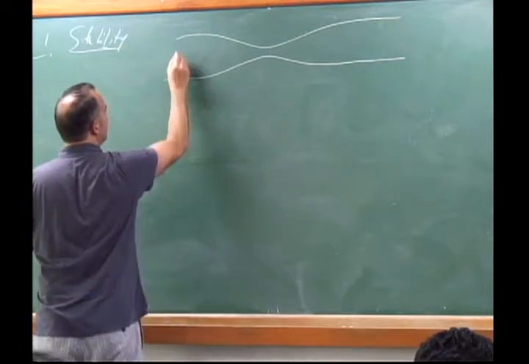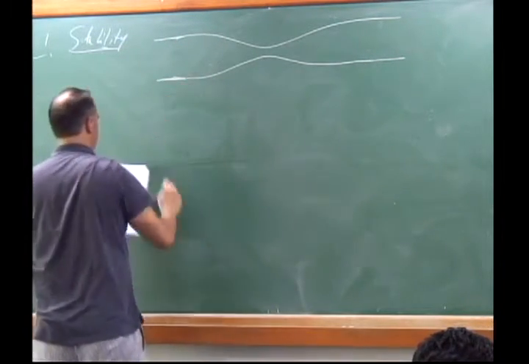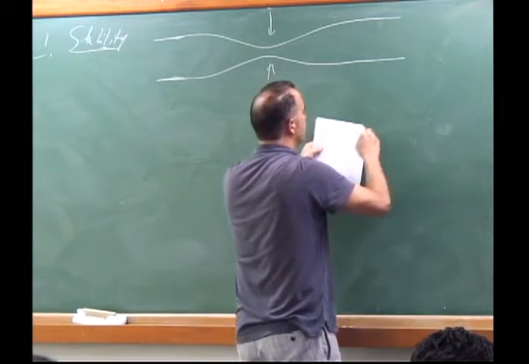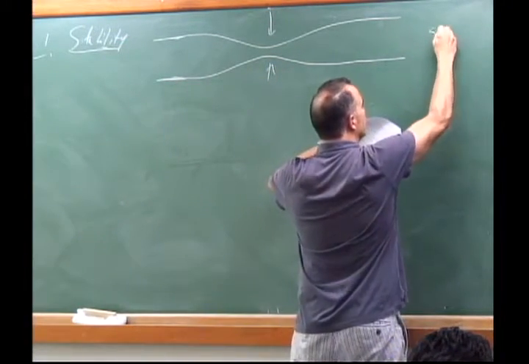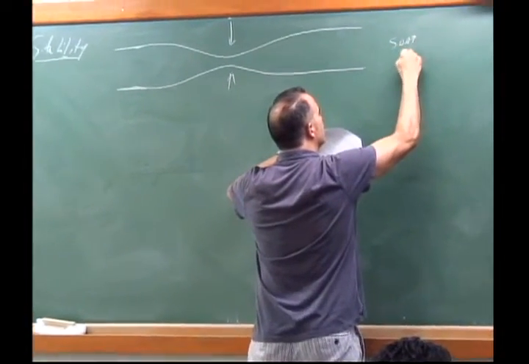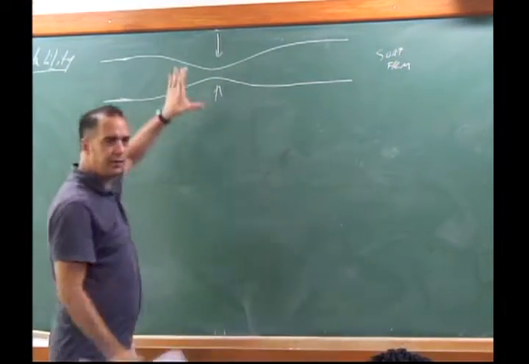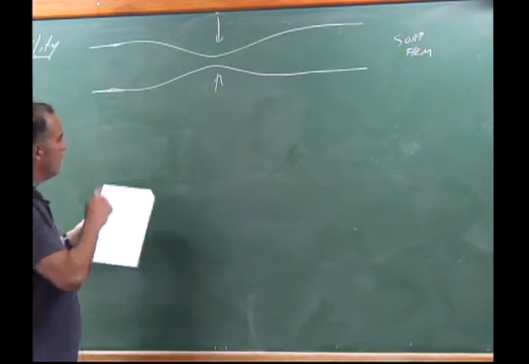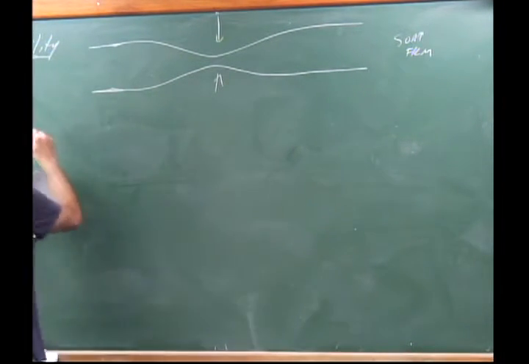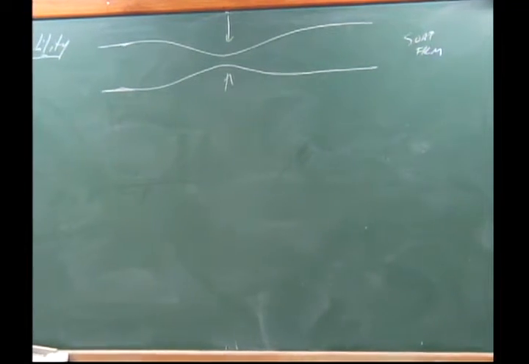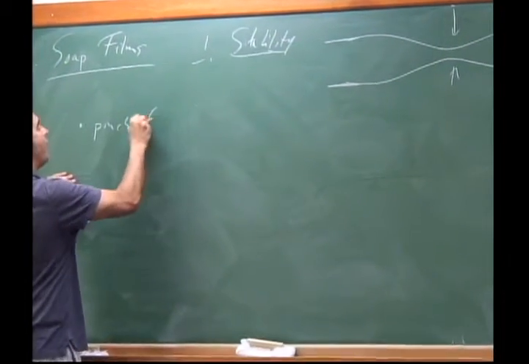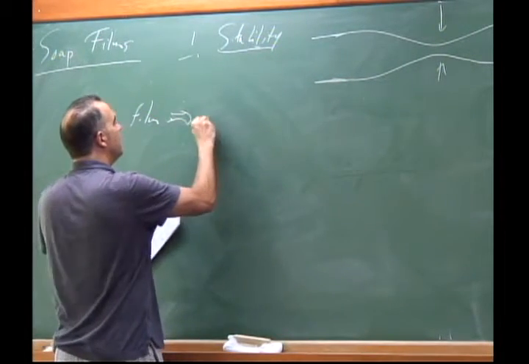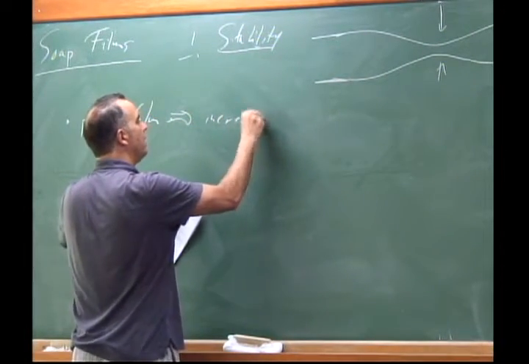So this is our soap film. Okay, so let's say we try pinching it. If we try pinching it, what do we do? Well, so you're increasing the local area.